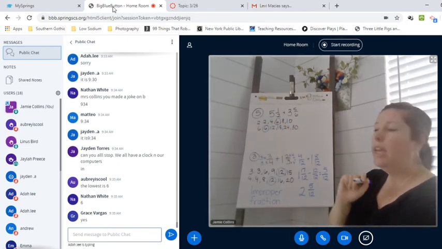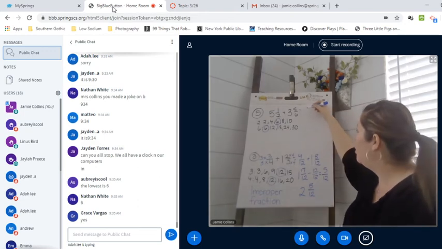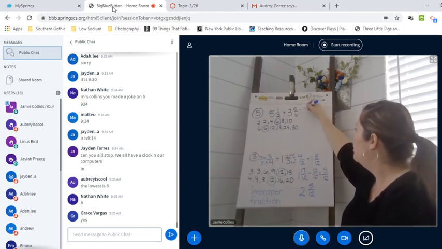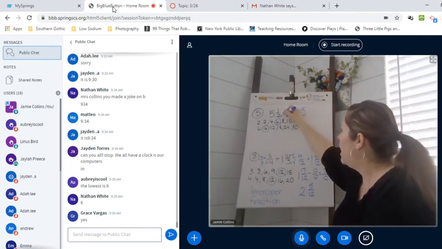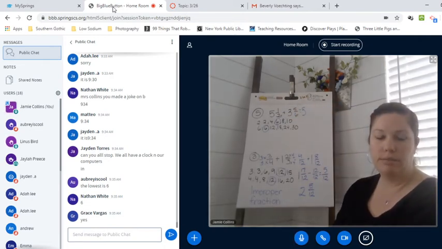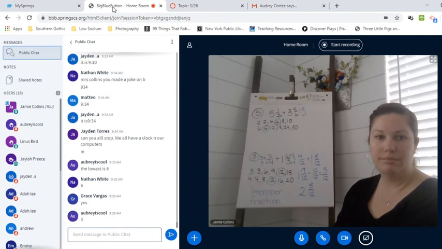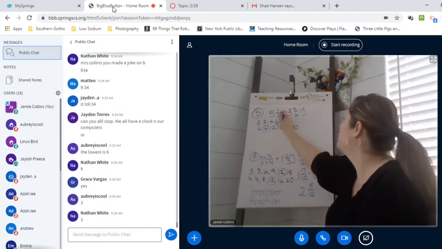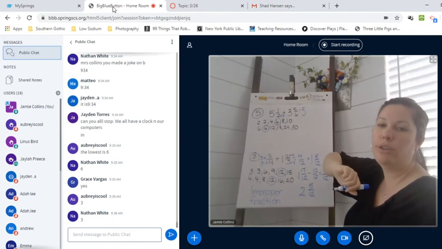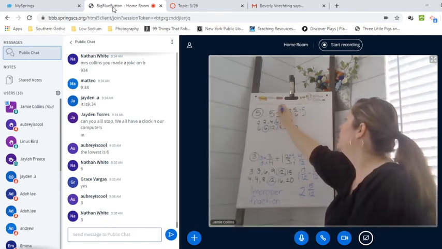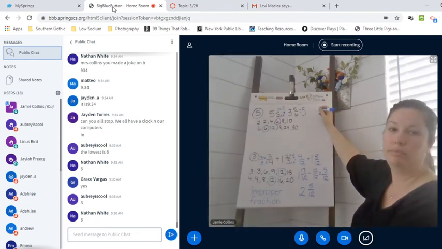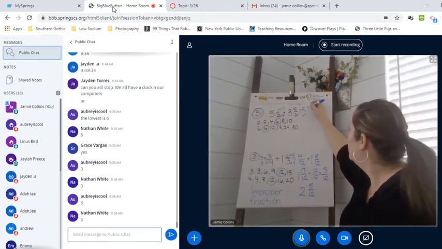Yep. Okay, so now I'm going to do my equivalent fractions right over here. So my whole 5 will stay the same. And then 2 times what equals 6? Times 3. And whenever I do the bottom, I have to do the top. So what's 1 times 3? 3.